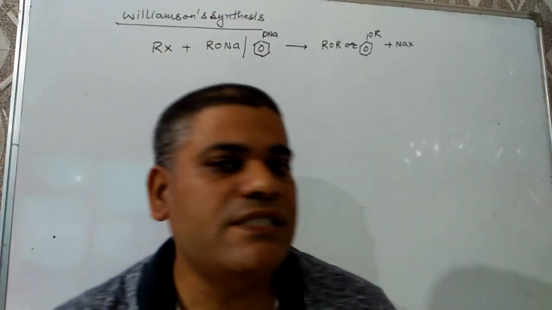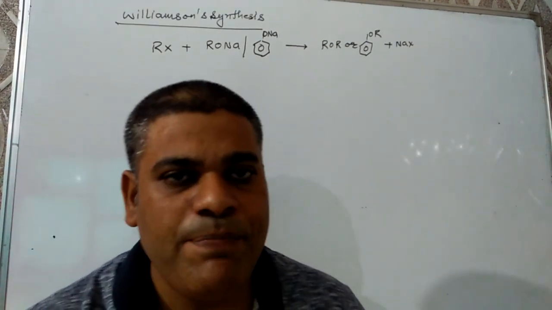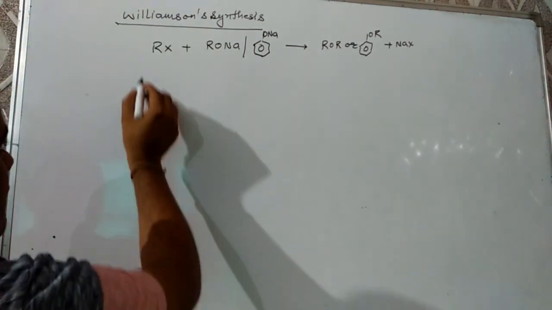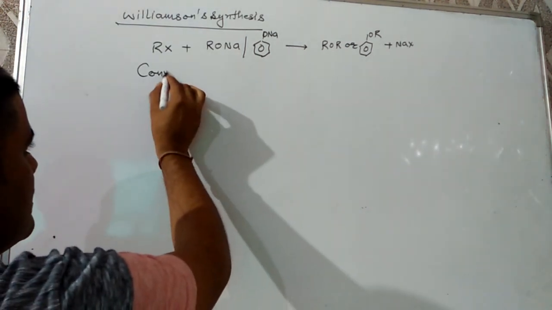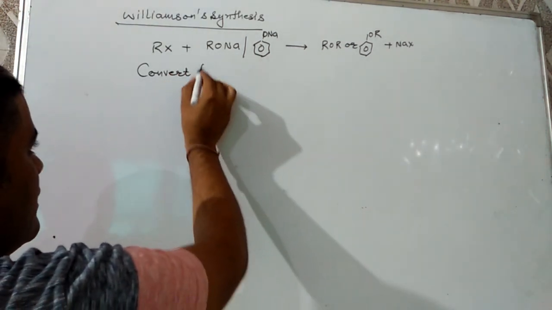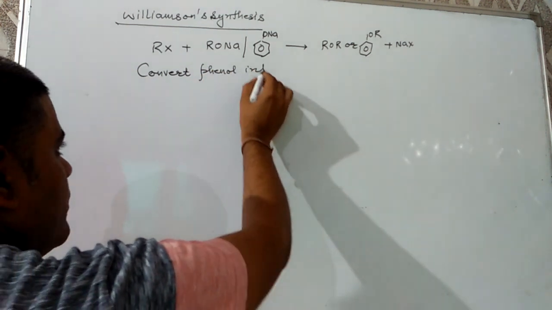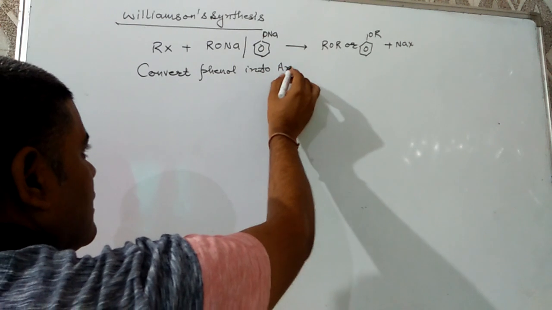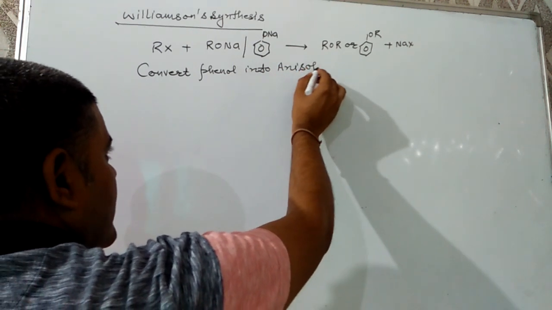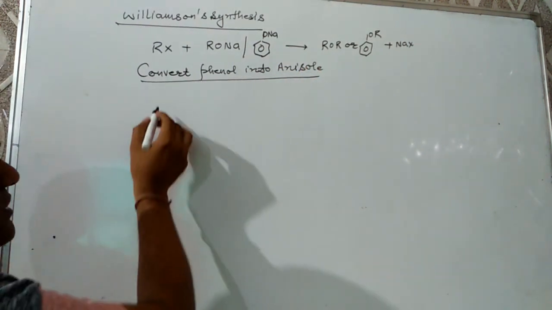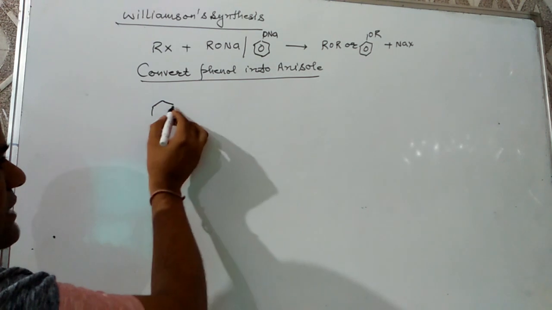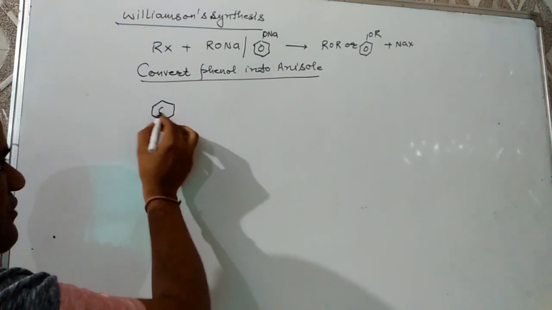Now, first some conversions may be asked. Convert phenol into anisole, a very important one. Here phenol has one OH group on benzene.